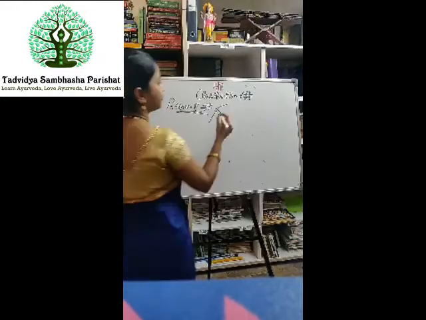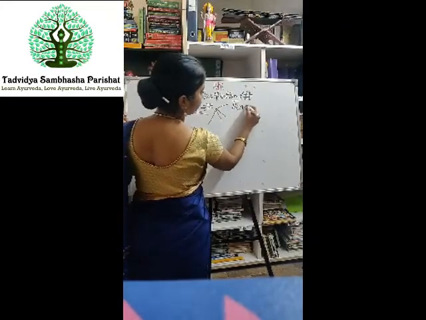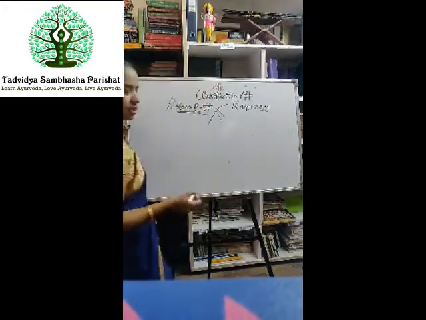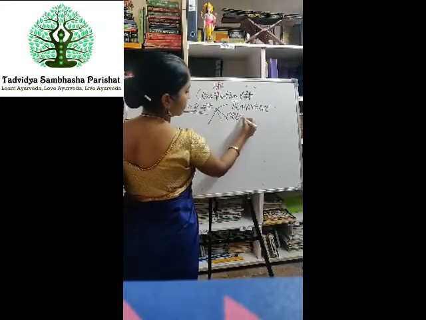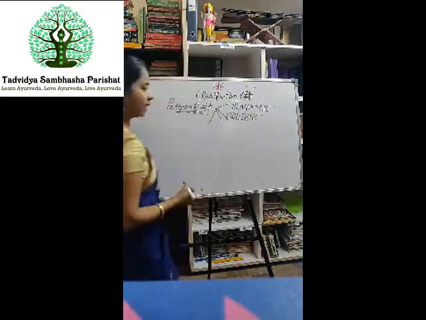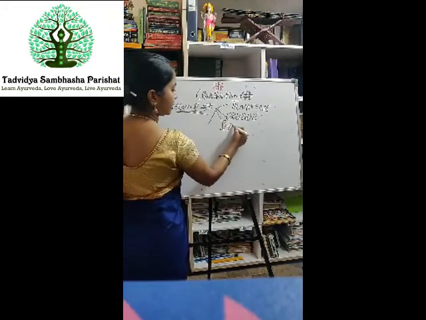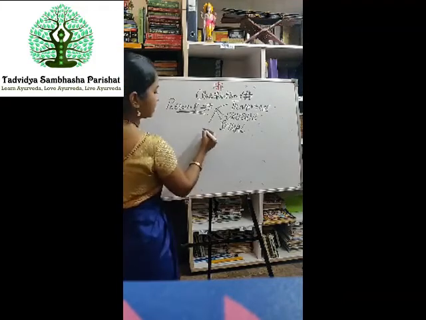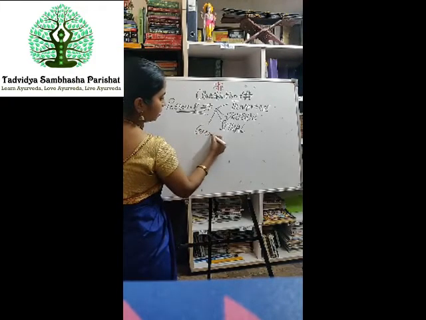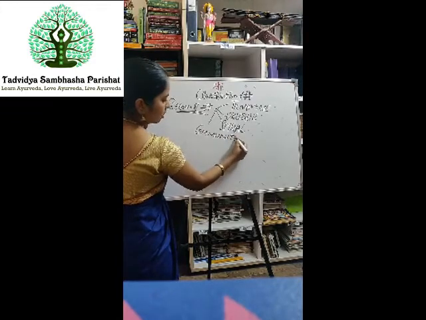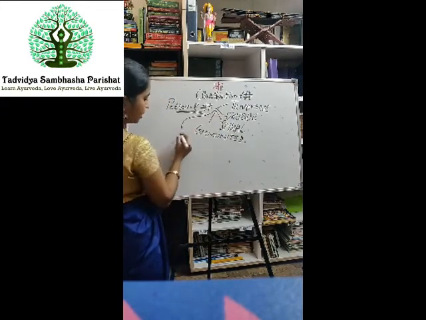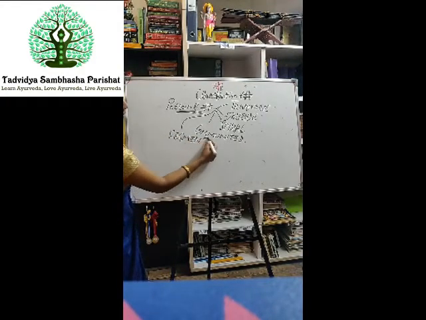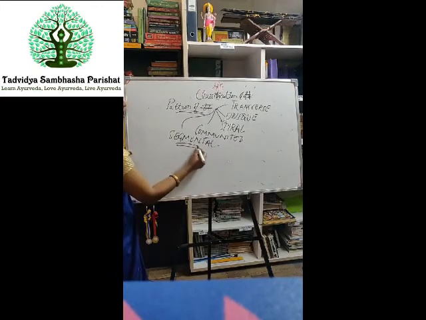The first is transverse, next is oblique, next is spiral, next is comminuted, the last one is segmental fracture.